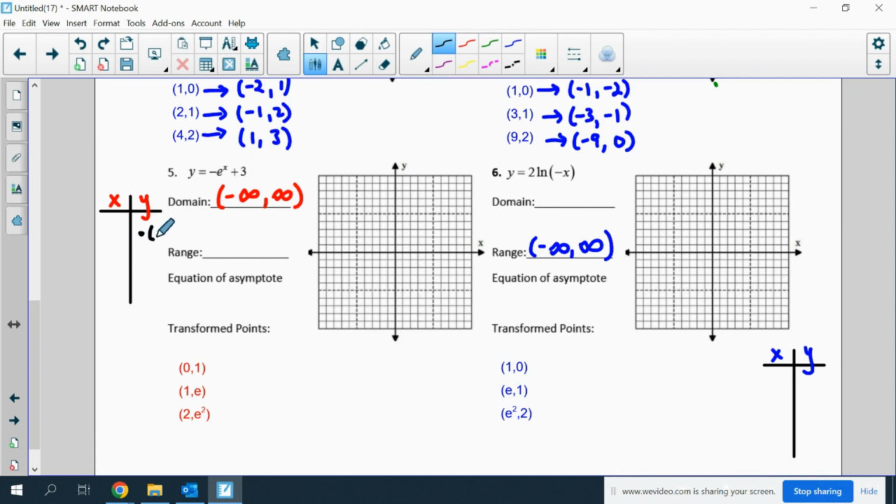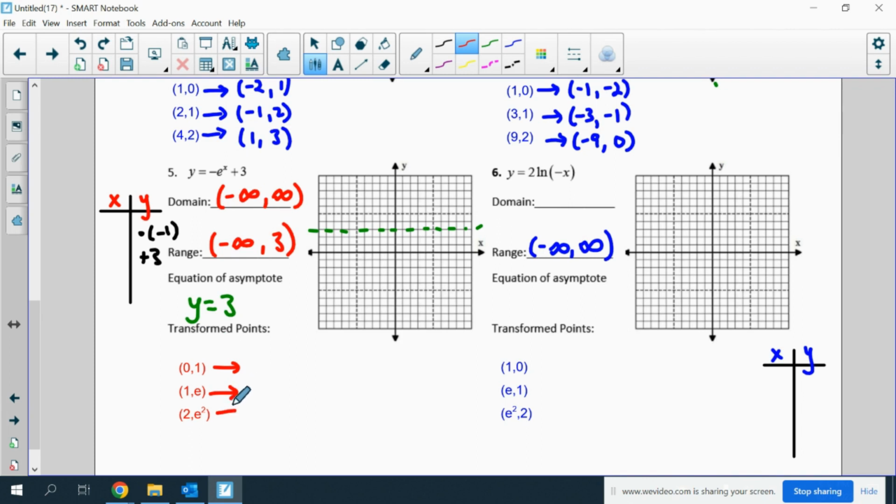So the y's are getting multiplied by negative 1, then I add 3, so that's going to happen to my asymptote too. So 0 times negative 1 is still 0, plus 3 gives me an asymptote at y equals 3. The range, since I'm multiplying by negative 1, it's going to flip down. So I have negative infinity to 3.